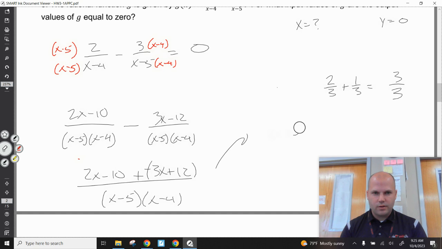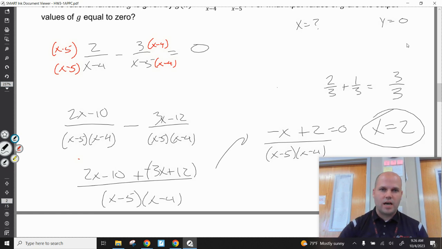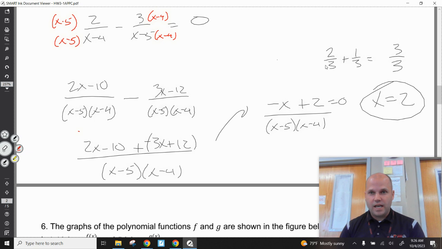I'll just go ahead and combine this stuff. -1x, -10 plus 12 is +2 over x minus 5, x minus 4. When will this equal 0? When the top equals 0, we get x equals 2. That is my answer. It's a lot of work to get that answer, but it's necessary.